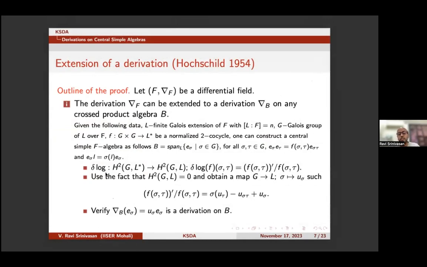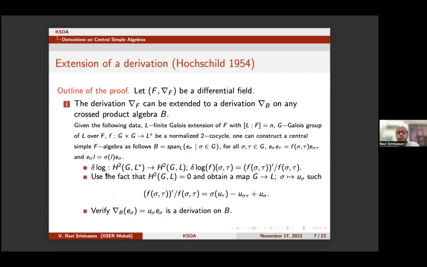What happens is one first extends the derivation of the ground field to a cross product algebra. A cross product algebra is given by some data: a Galois extension is given, a Galois group is given, and then a normalized 2-cocycle is given.